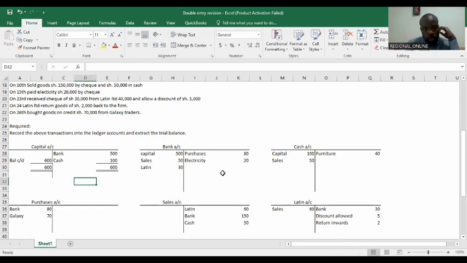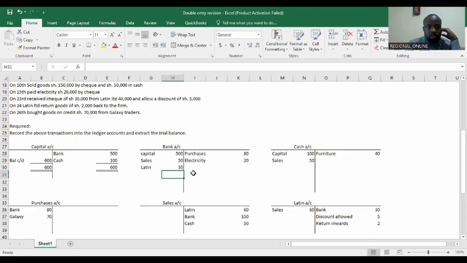Then I come to my bank account. I see debit is higher than the credit. So how much is in my figures on my debit side? Their total is coming at that amount.